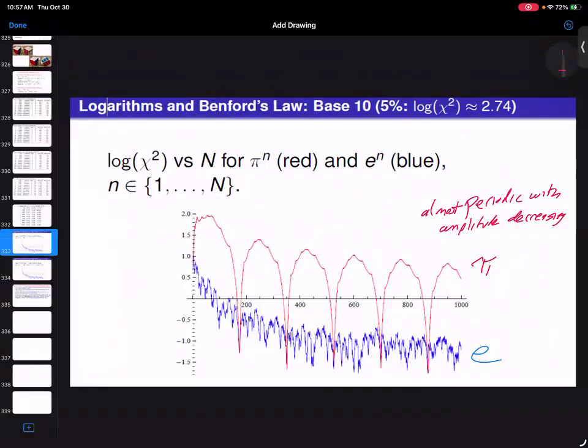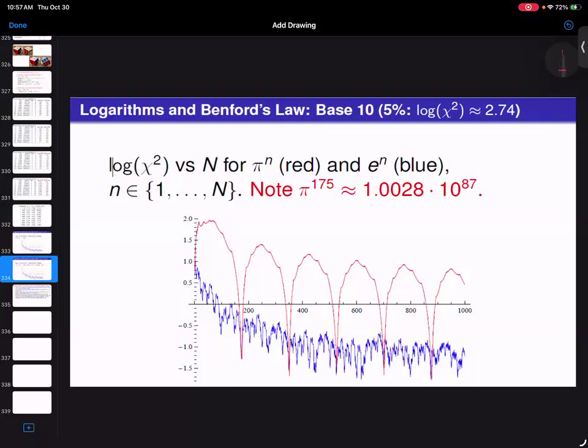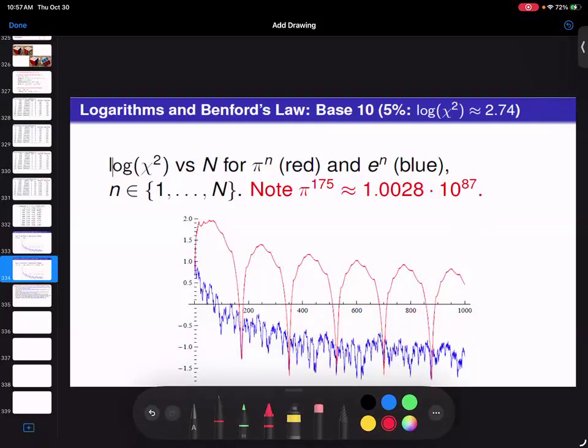You stopped at pi? You didn't memorize higher powers? Well, if you had done a few higher powers, you would eventually come to pi to the 175. And pi to the 175 is approximately 1.0028 times 10 to the 87.